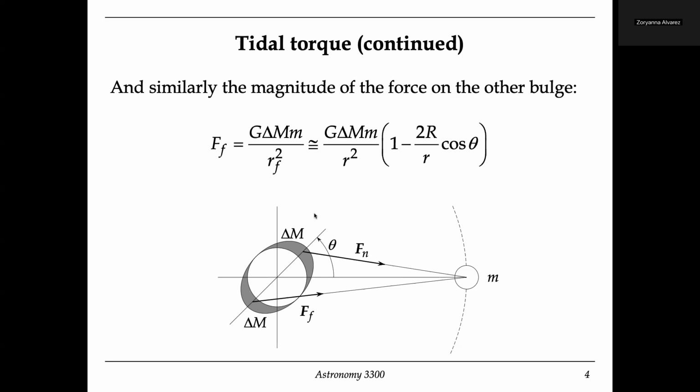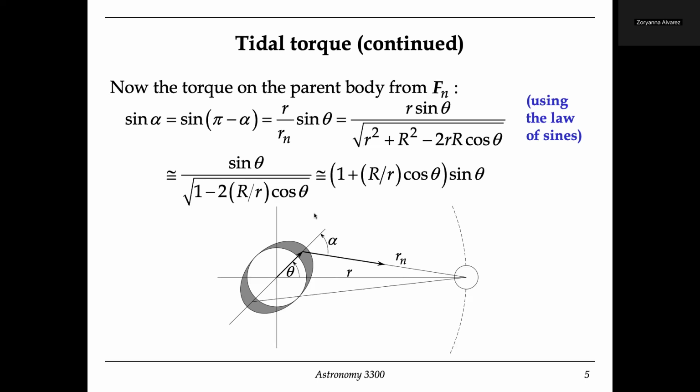If you define the angle here as theta, this one is theta plus pi. Okay, we're almost there. Now we've defined the forces, and we just have to look at the torques.